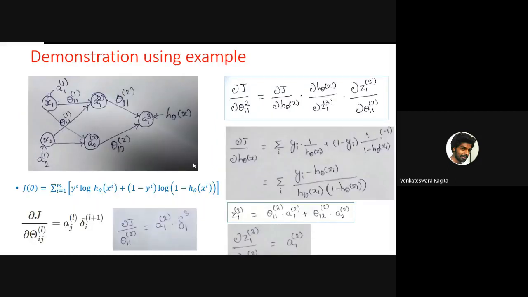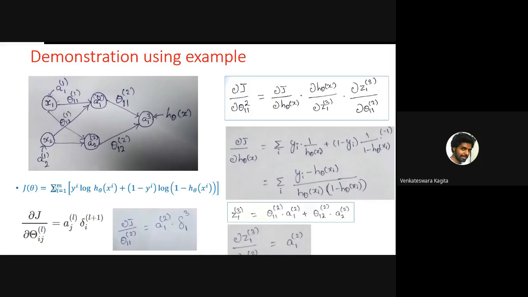Now, suppose I want to update this parameter theta 112. What I actually do, I have to take derivative of J, that is my cost function, which in this case, because it is a binary classification problem only, it is same as the logistic regression cost function. We just add minus here. I forgot everywhere.